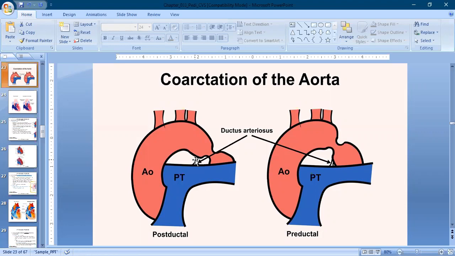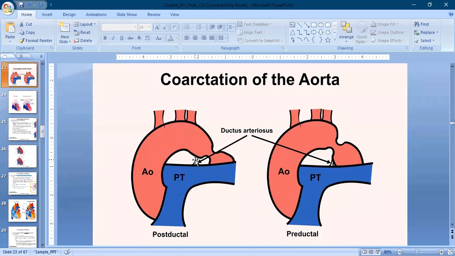The heart can produce two sounds, S1 and S2, sometimes S3 and S4. If you get any extra sound, this is abnormal. This is murmur. And also we can find bounding pulse, wide pulse pressure. If you ask me, in case of patent ductus arteriosus, what is the treatment?